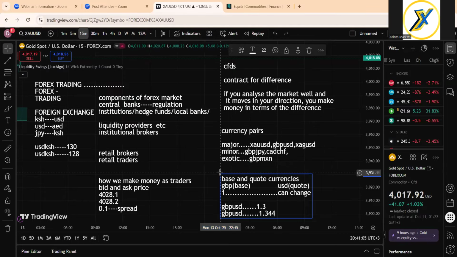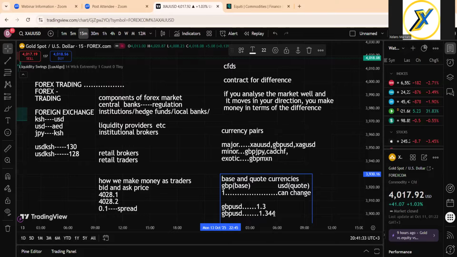So it just means at this point, 1 Great Britain pound is equal to 1.3 US dollars. But something else might happen in the market, which probably favors the GBP against the dollar. So it says that 1 GBP is equal to 1.344 USD. So the price has actually changed.